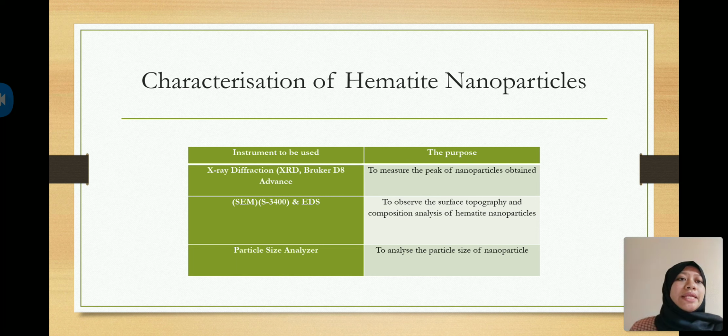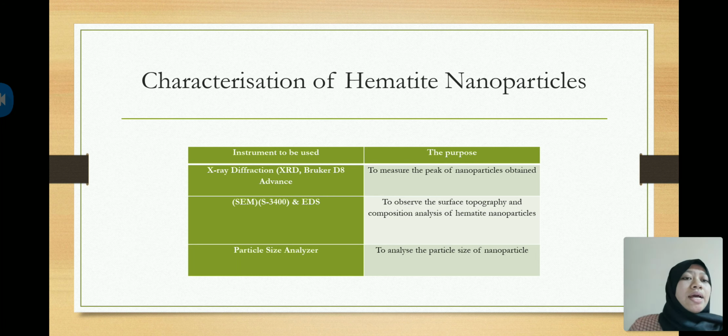The obtained hematite nanoparticles will be characterized using three instruments: XRD, SEM and EDS, and particle size analyzer. XRD will measure the peaks of the nanoparticles obtained, whether pure or mixed with other material.